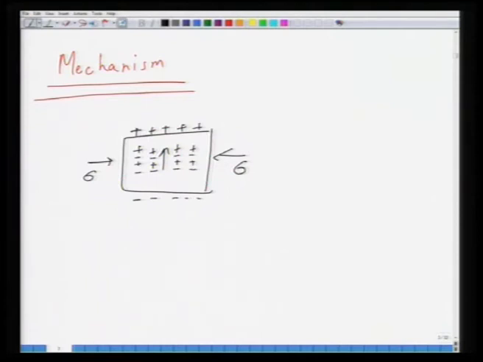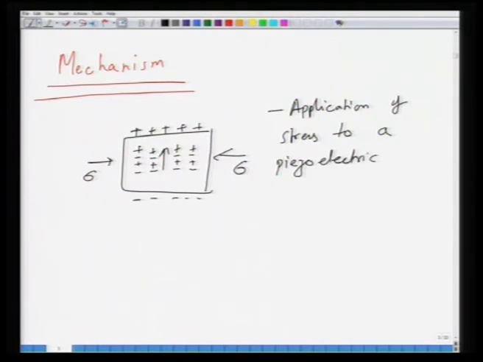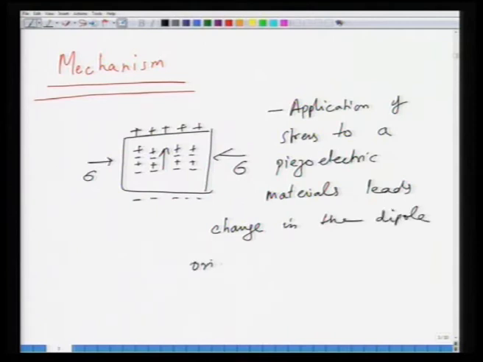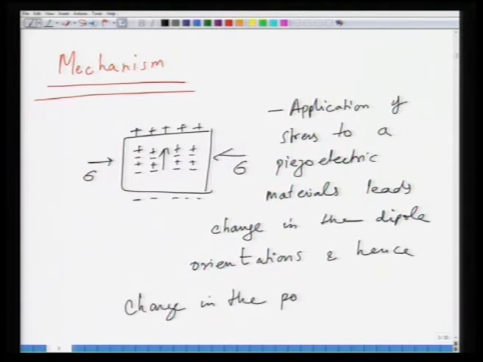So, application of stress to a piezoelectric material leads to changes in the dipole orientations, and hence changes in the polarization.